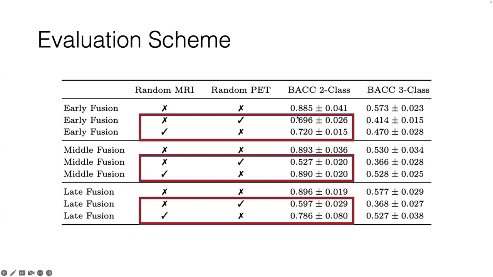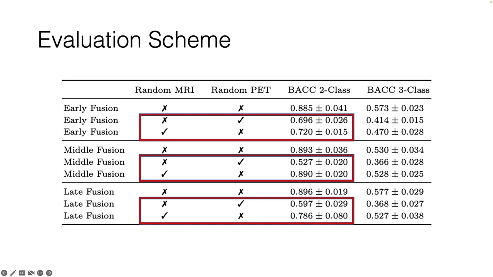So because during early fusion we introduce this random data, if the pairs are not from the same patients, the anatomies are not perfectly aligned, and early fusion will miss on important areas. So that is why we see significant drops from 0.885 to 0.696 and 0.720.